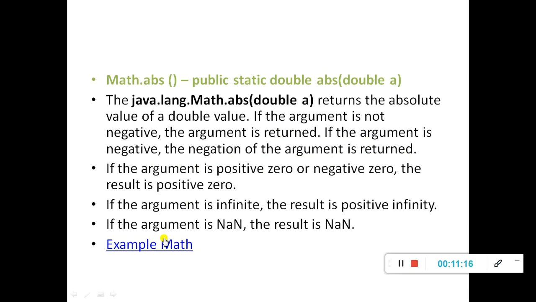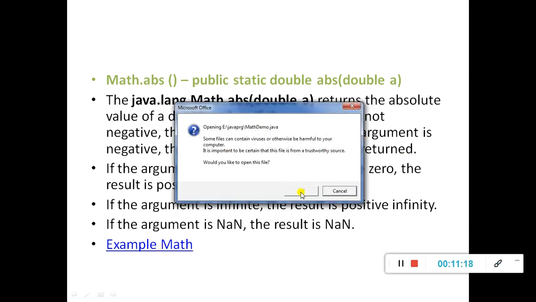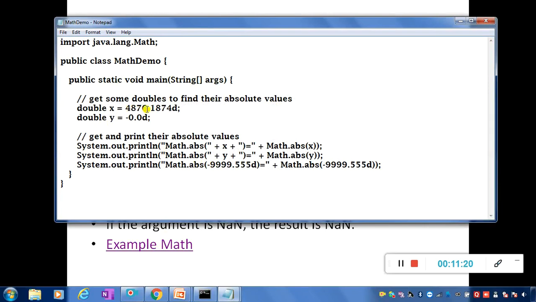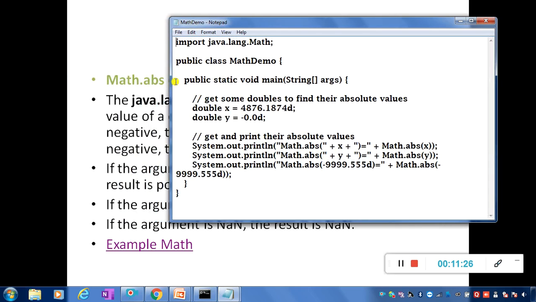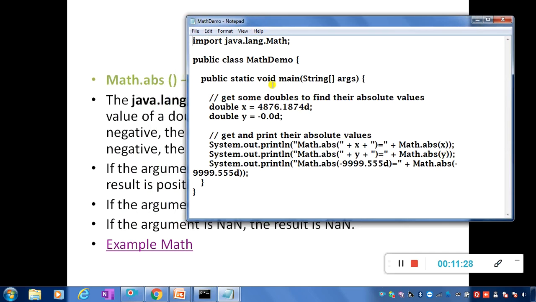Now we'll just see an example first, then you'll understand more clearly. As you can see here, I've used this class MathDemo. I have an x variable of type double, a value is stored in it, and a y variable in which I am storing a negative value, minus 0.0d.